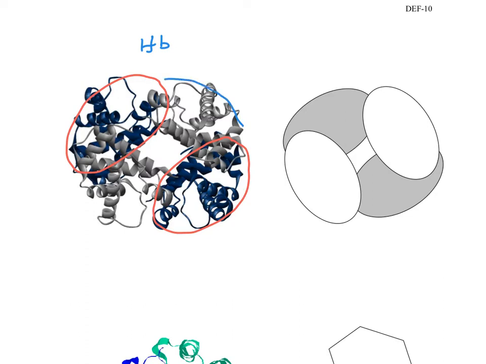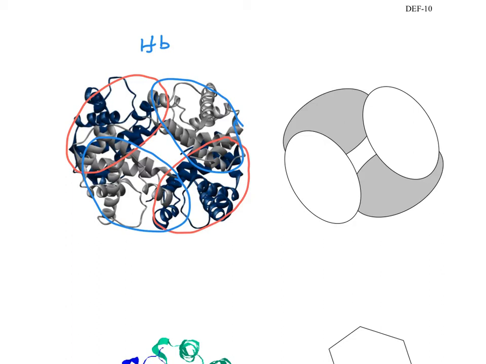Then there's another one here in gray, and that's identical to this gray one. So what can we say about hemoglobin's quaternary structure? Remember, quaternary is the number and arrangement of multiple peptide chains. Well, it turns out we have 4 total. 2 are identical to each other, and 2 others are identical to each other.